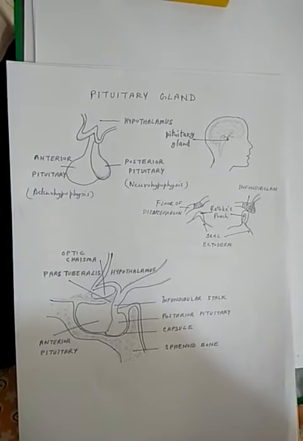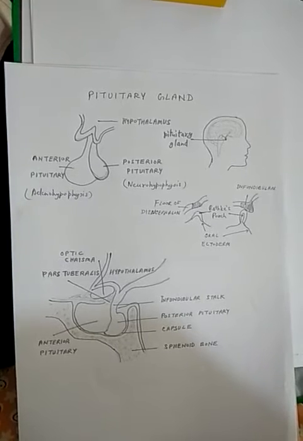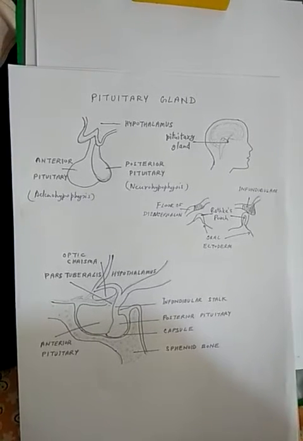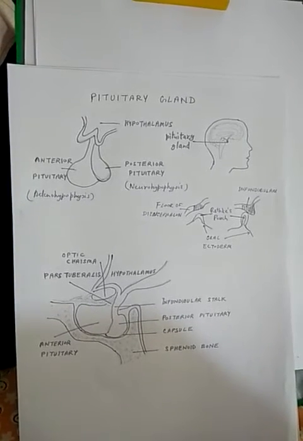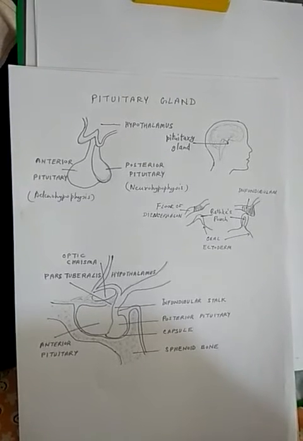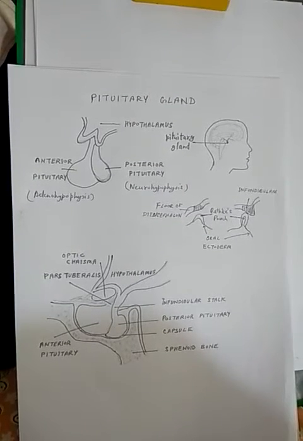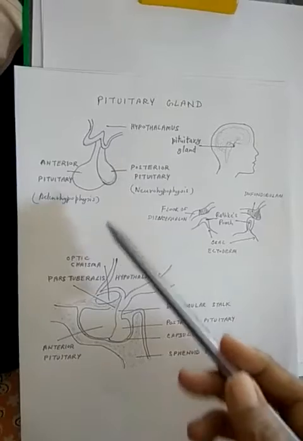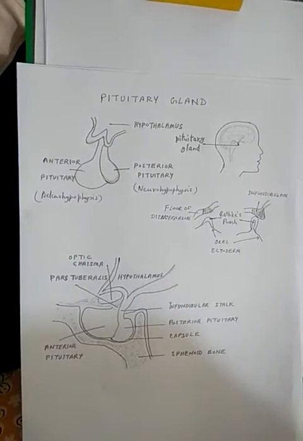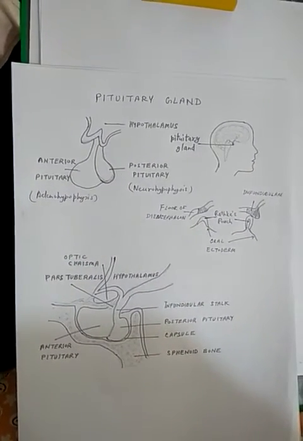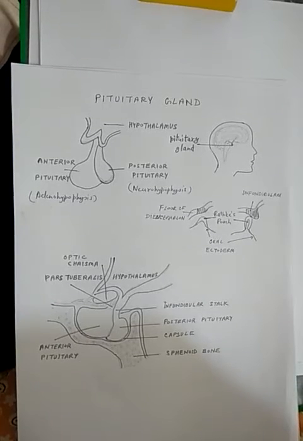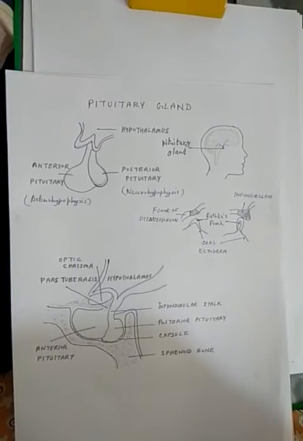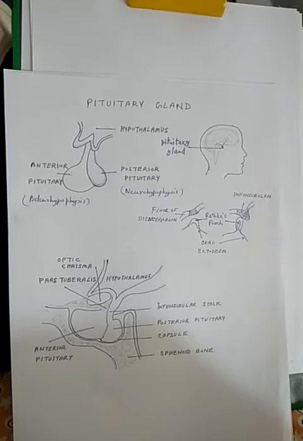So let's see its structure. The pituitary gland is composed of two lobes, the anterior lobe and the posterior lobe, as you can see in the diagram. The anterior pituitary is known as the adenohypophysis, and the posterior pituitary is known as the neurohypophysis.